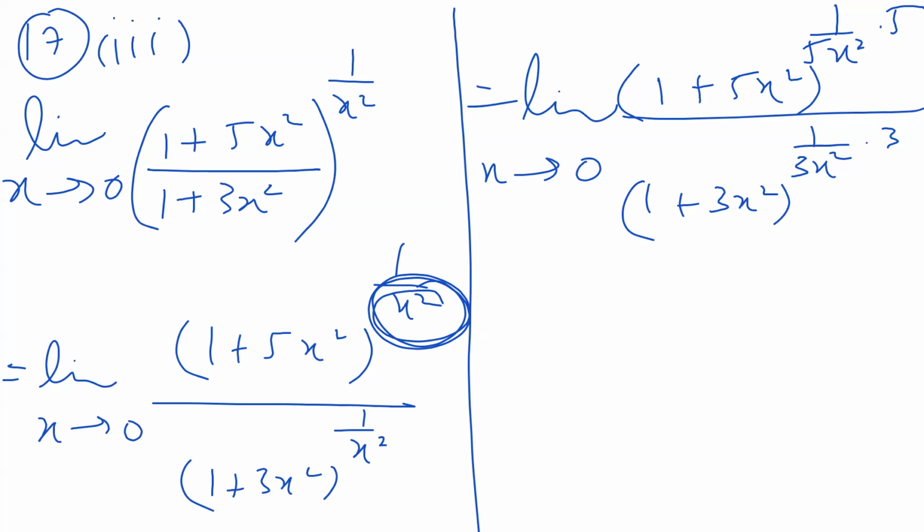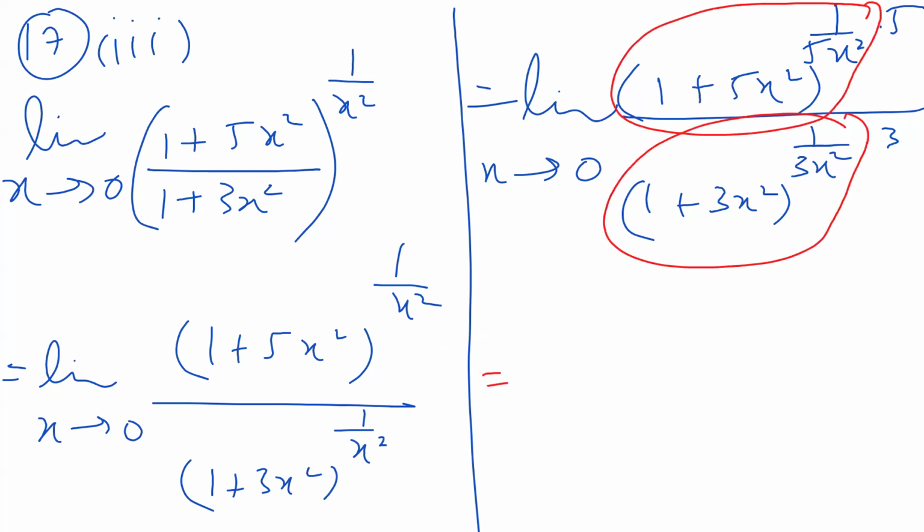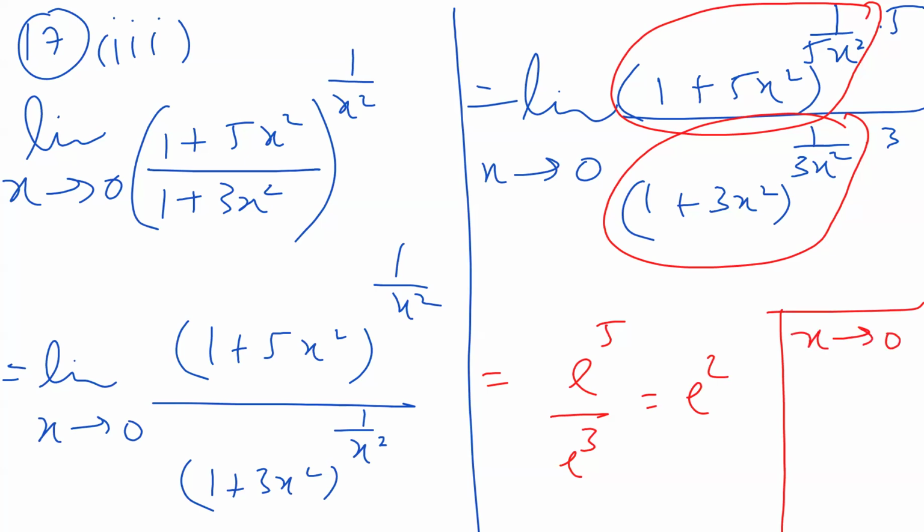This and this is e raised to 5, e raised to 3. E raised to 5 minus 3, which is e square. X approaches 0, so 5x square will also approach 0 and 3x square is also approaching 0, because if you put x as 0 over here, it will still be 0.